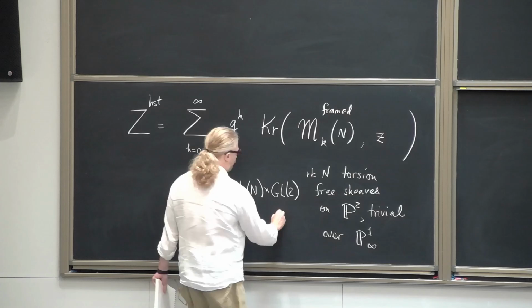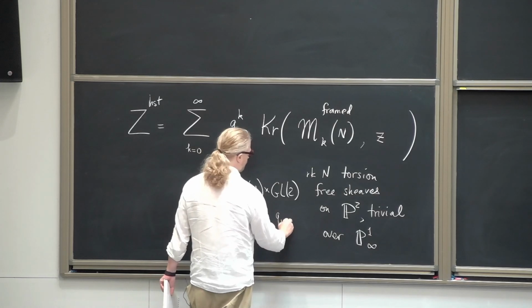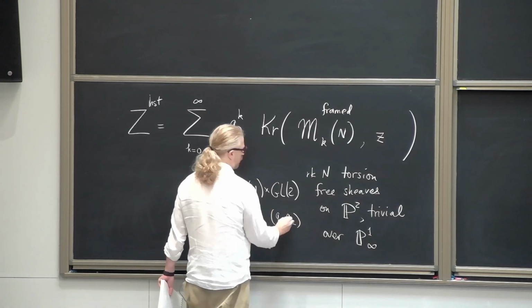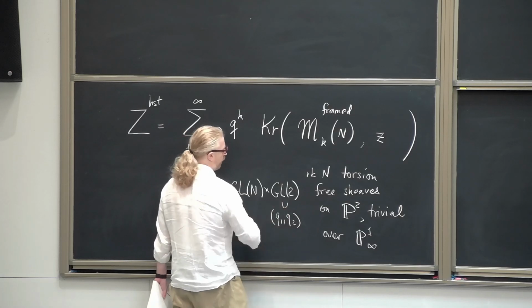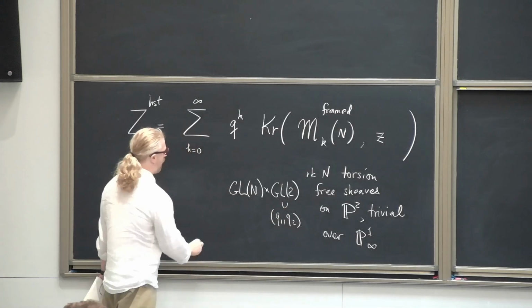And so I had parameters Q1 and Q2, which sort of live in the maximal torus of GL2.